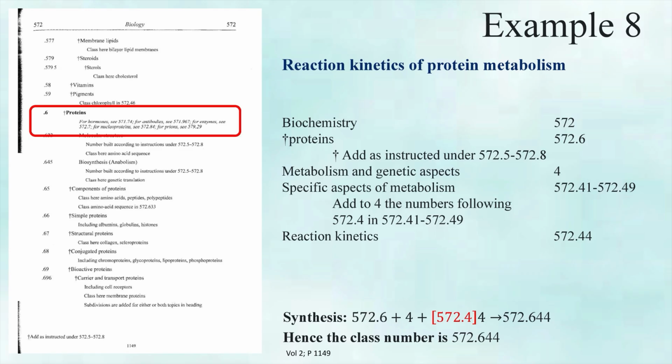In 572.44 we get the number for reaction kinetics. So we add 572.6 plus 4 from the extended subdivision, then the last 4 of 572.44. Finally we get the number 572.644.